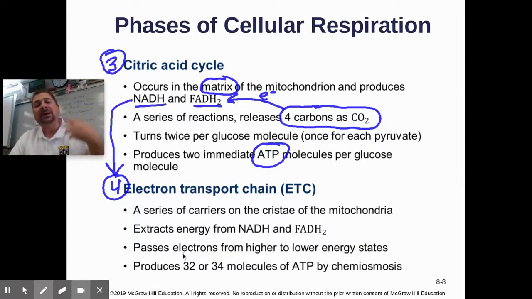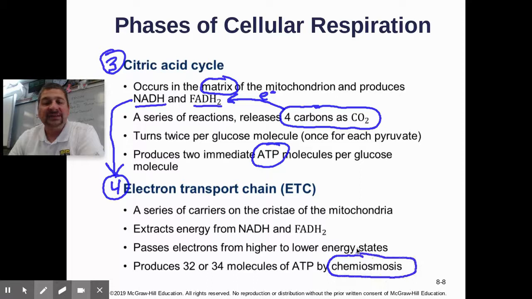And as they lose energy, they'll pump hydrogens into that intermembrane space. And you have chemiosmosis or chemiosmotic phosphorylation, like we talked about last chapter. That's going to cause a chemical gradient, spin an ATP synthase, and phosphorylate ADP into ATP.